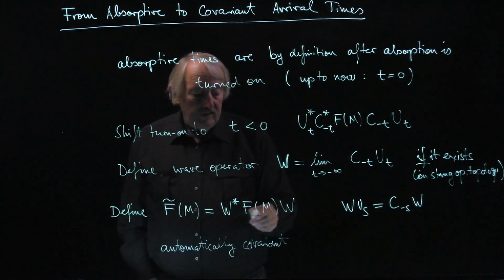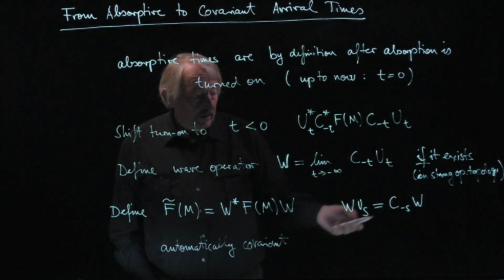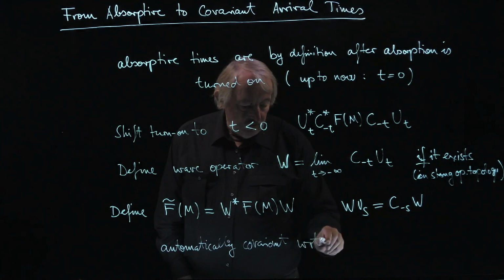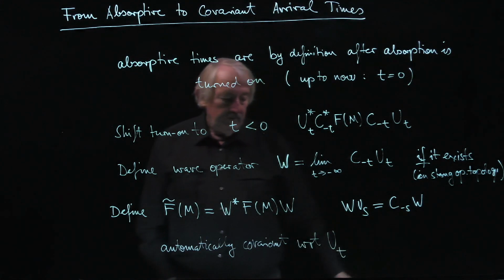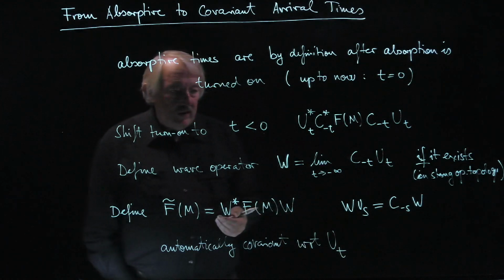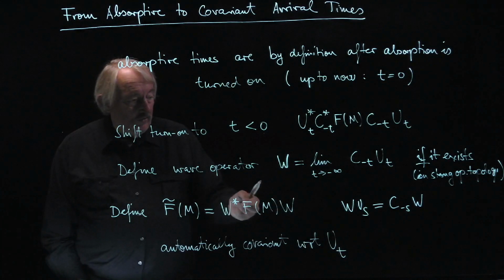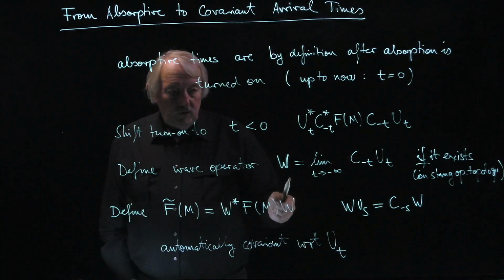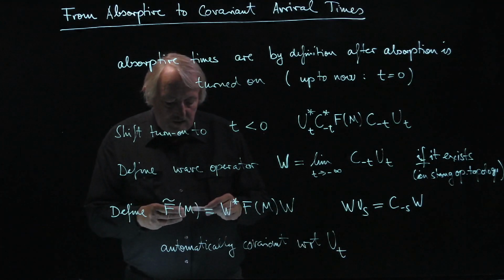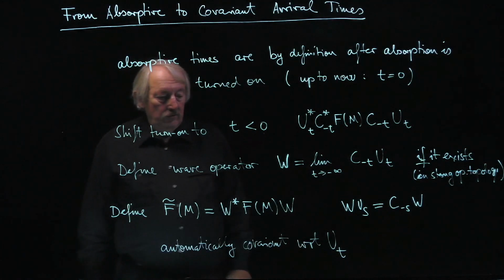And just to emphasize, the F was covariant with respect to the contractive evolution, but this is with respect to U_t. So it satisfies our condition of a covariant observable. Of course, it may not be normalized to everything because the absorption process might not catch every particle, so it's subnormalized. But apart from that, it's exactly what I defined as a covariant time evolution.